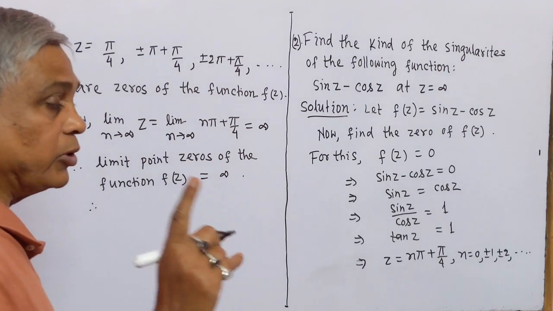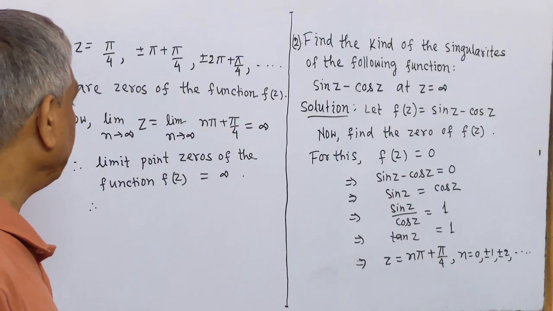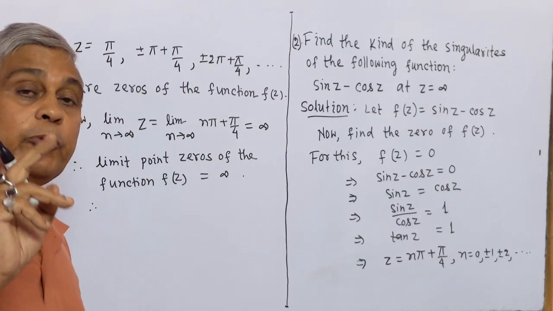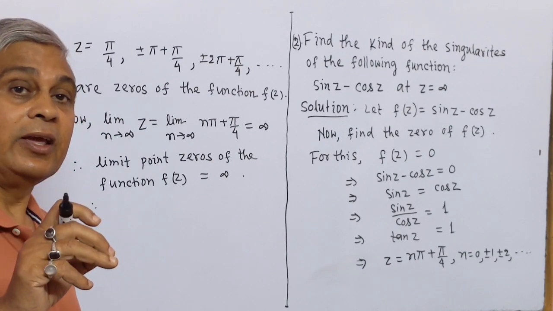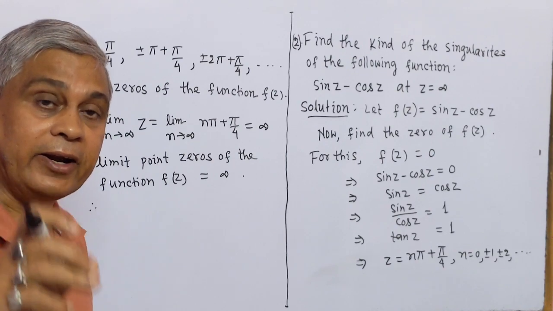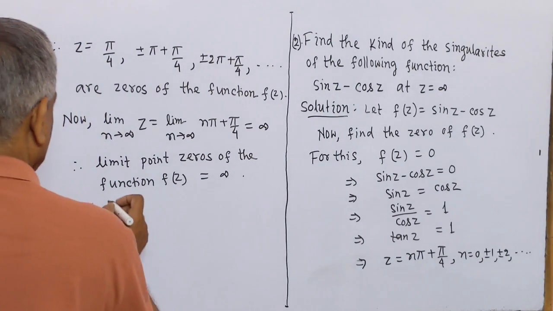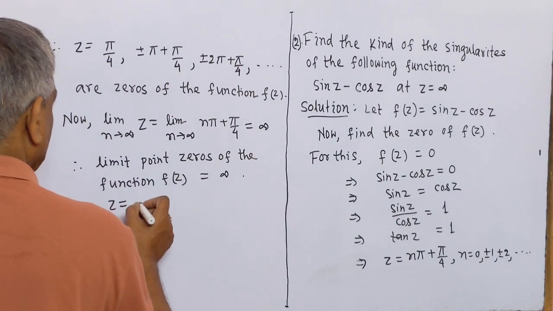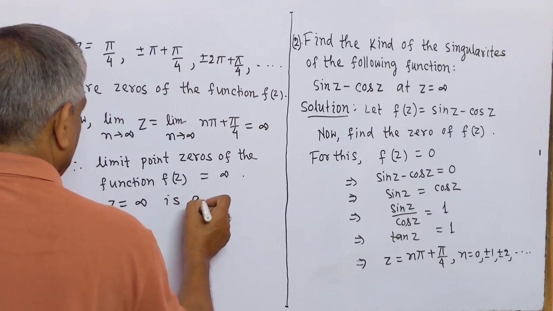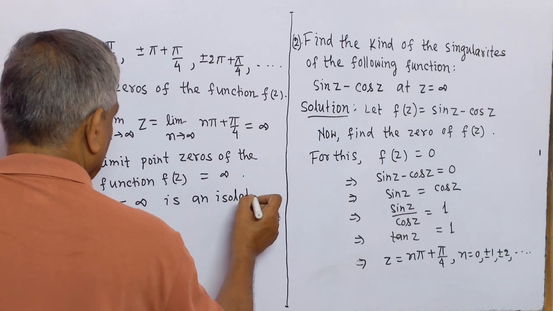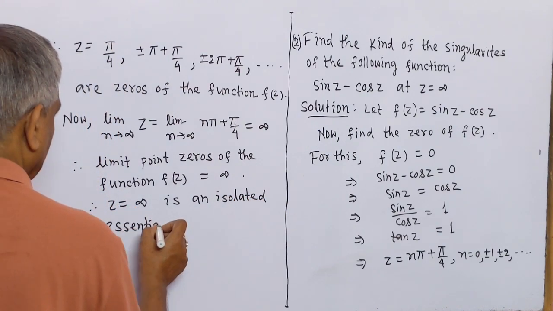Therefore, according to statement 1, we know that limit point of zeros of a function is an isolated essential singularity. Therefore, z equal to infinity is an isolated essential singularity.